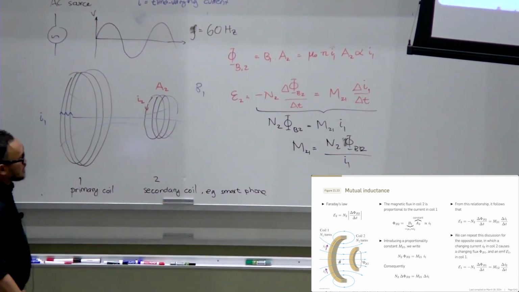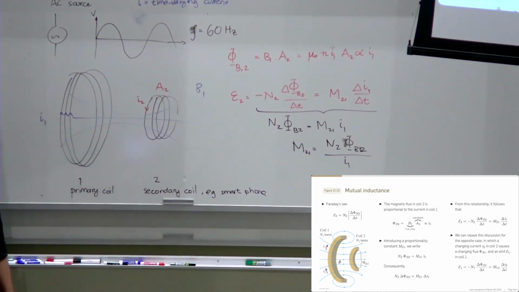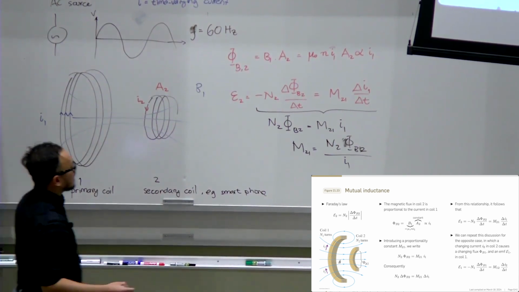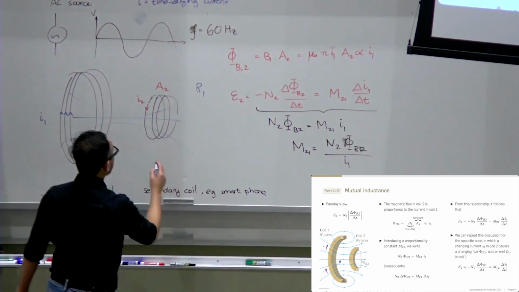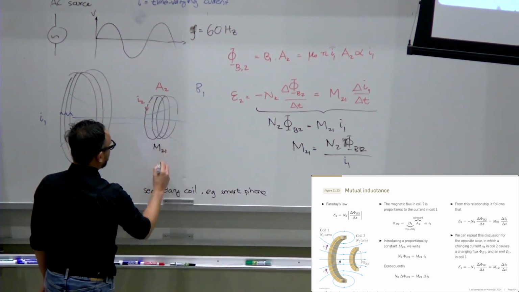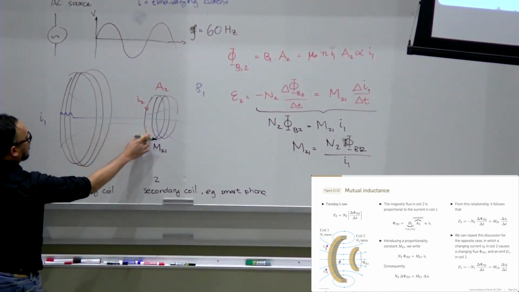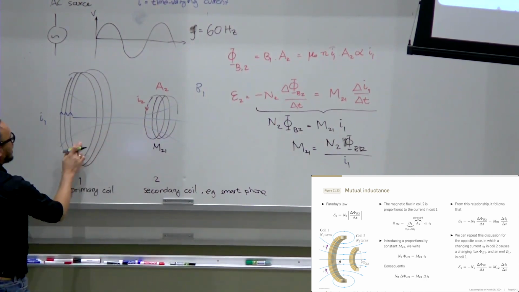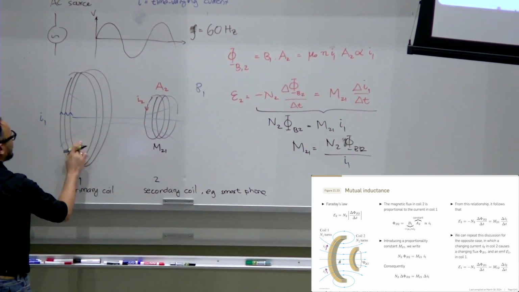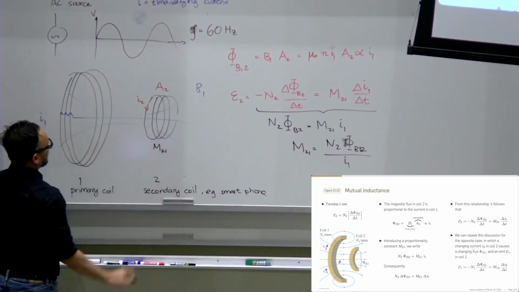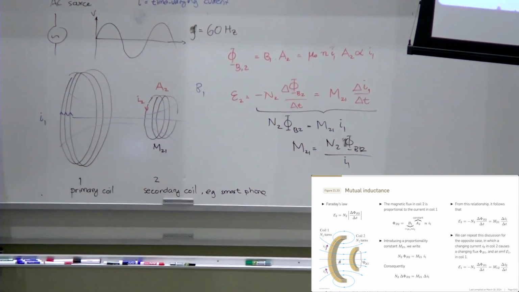This is just a definition. It turns out that the mutual inductance M21 of coil 2 due to coil 1 is equal to the mutual inductance of coil 1 due to coil 2.